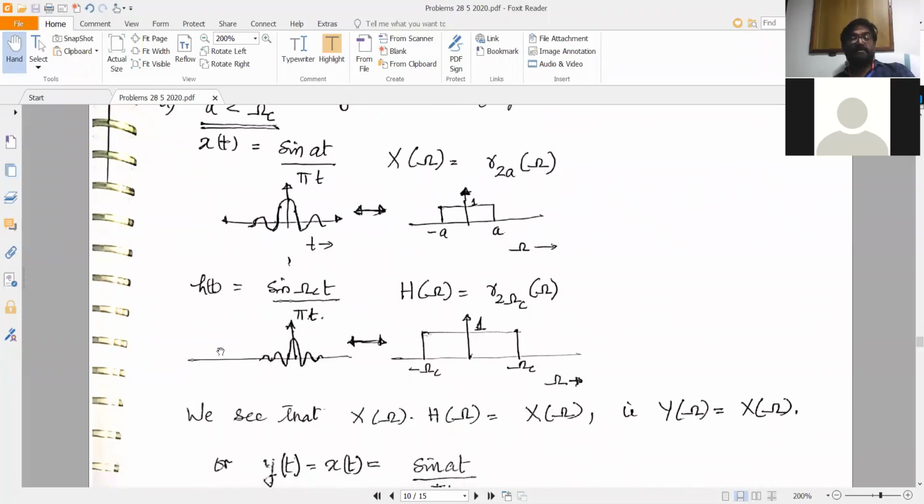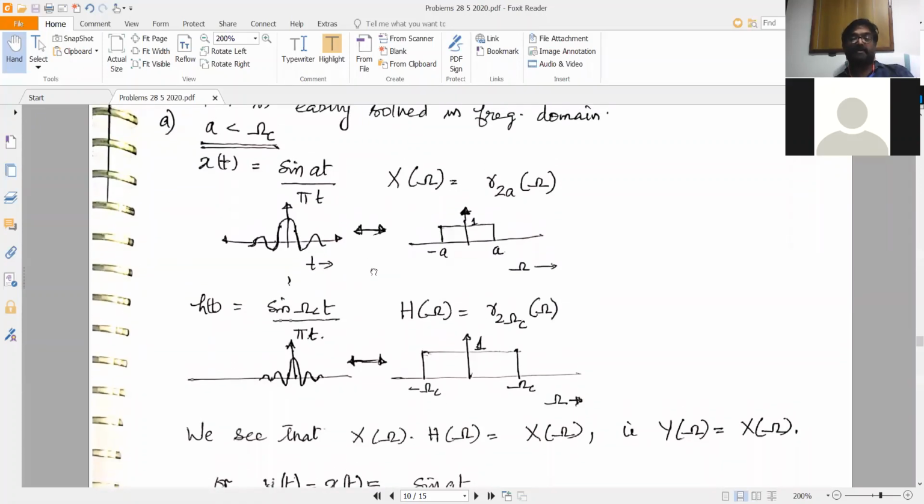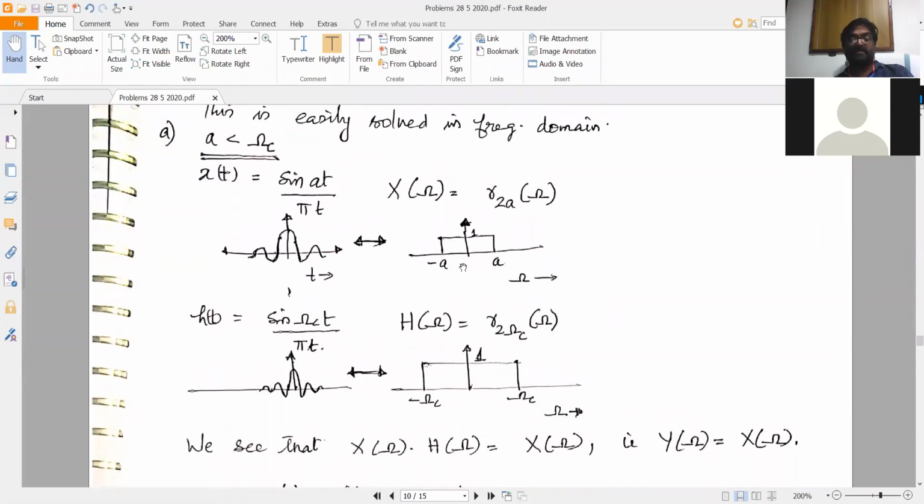Whereas the second is h of t equal to sin(omega c t) by pi t. The spectrum is h of omega equal to R2 omega c of omega, which is the frequency response of the system. So you have omega c greater than a. The signal spectrum is from minus a to a.